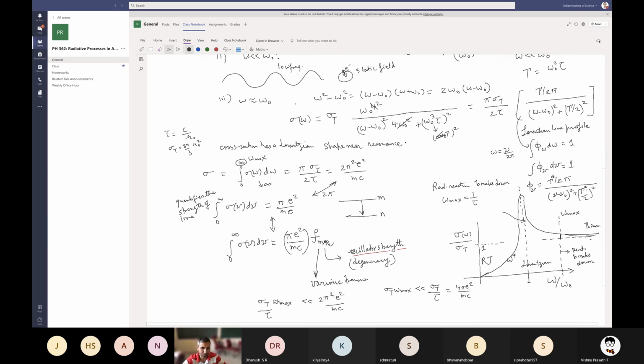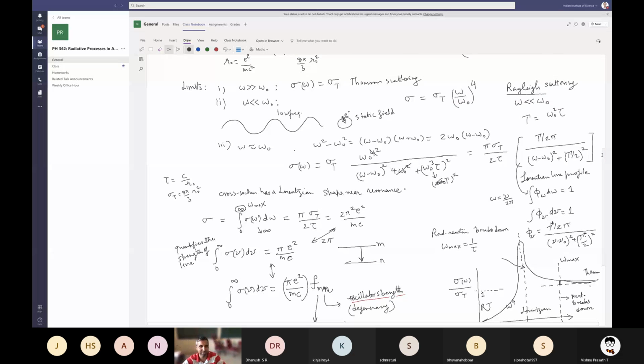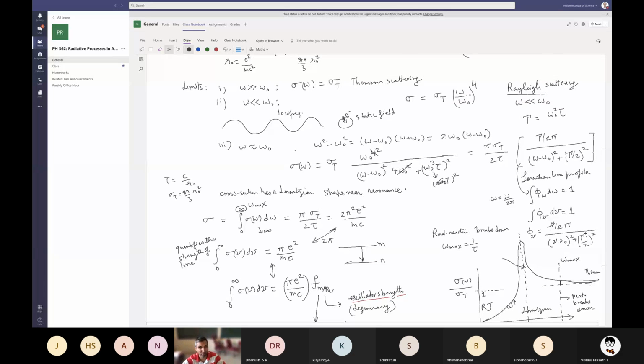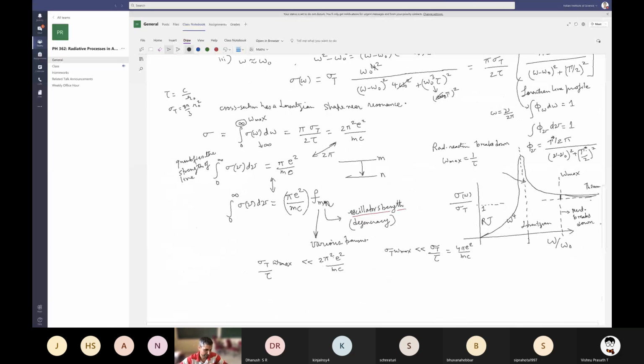This is valid in general, not just for high frequency, for example, like in the Thomson regime. It's also valid in the low frequency regime, the Rayleigh regime. It gives you the correct omega to the power of 4 behavior. And it's also valid close to the resonance, omega close to omega naught, where the scattering profile is identical to the natural line profile for emission. Okay, so this actually concludes our chapter 3 from the book.